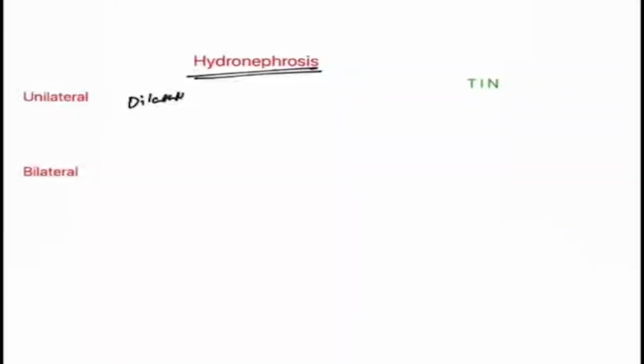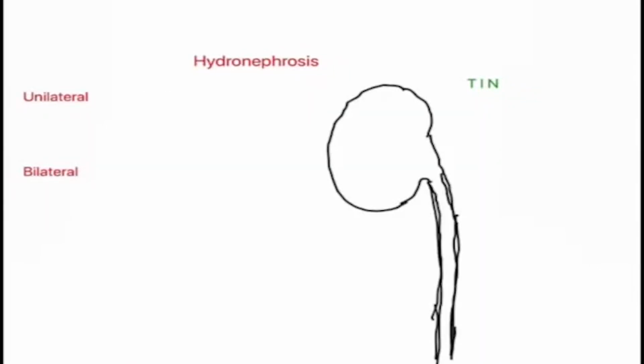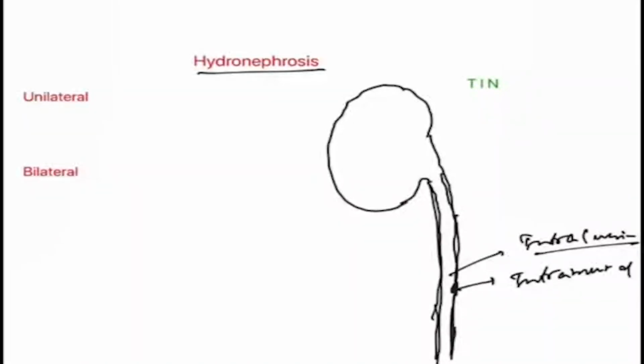Now coming to hydronephrosis, this is aseptic dilatation of the kidney which is due to obstruction of outflow of urine. The causes of hydronephrosis can be intraluminal, when the cause is within the lumen, intramural, that is within the wall of the urinary tract, and extramural, that is outside the urinary tract and causes compression of the lumen of the urinary tract.